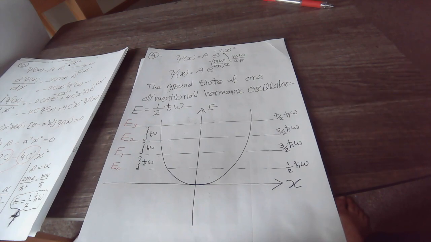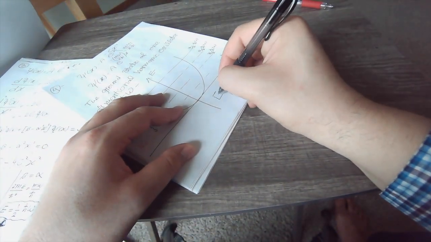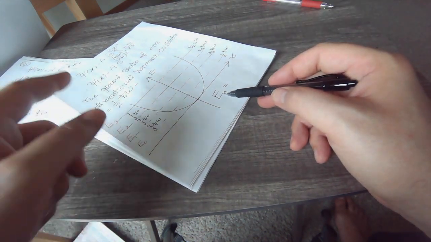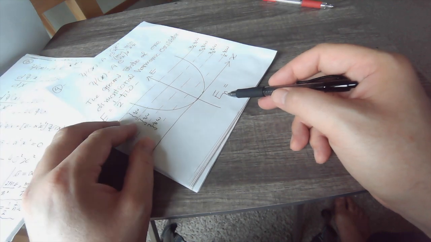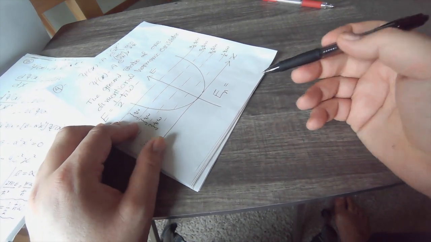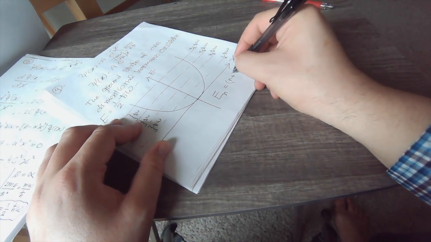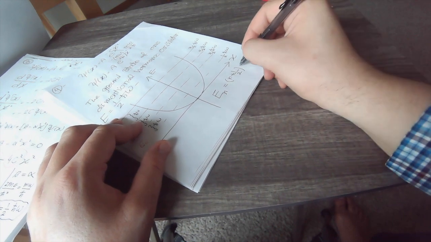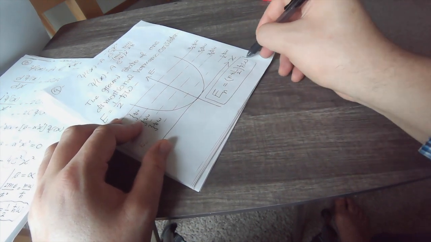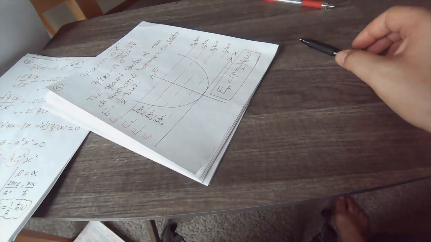So here we can conclude that En, where n can be 10, 11, 12, any energy level, is equal to n plus 1/2 h bar omega. So this can give you, guys, the energy for any energy level for the harmonic oscillator.